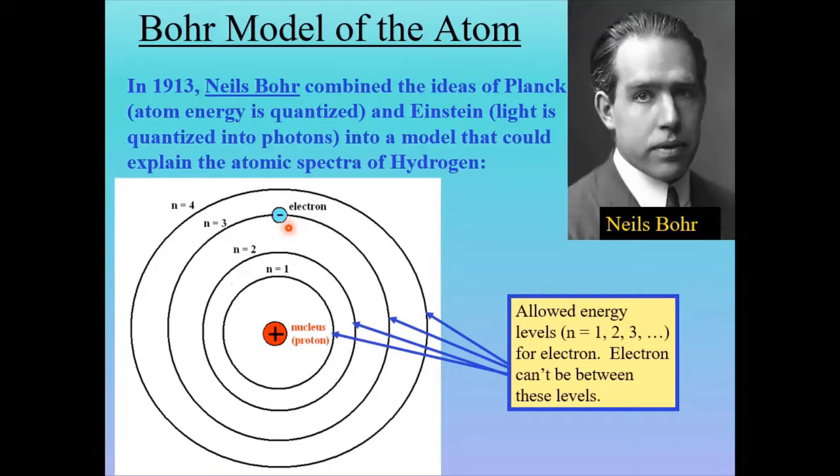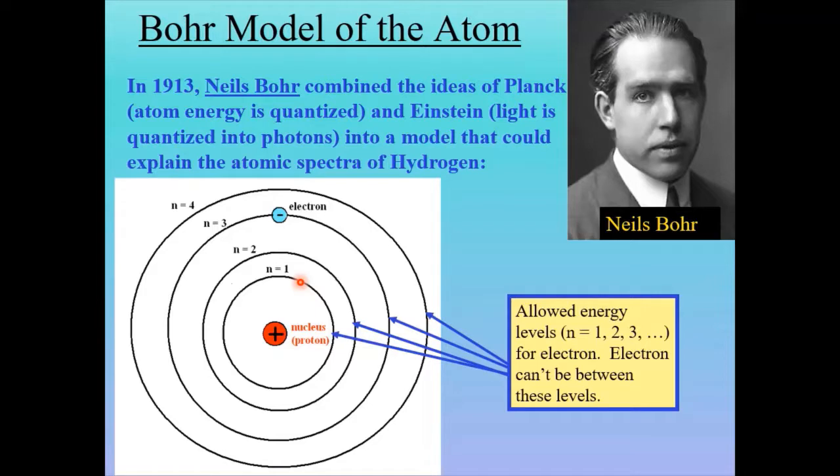Now, here's the beauty of Bohr's model. Bohr said that the energy of this electron has to be in one of these steps. And these steps are usually drawn as orbits around the nucleus in the center. So here is the first orbit. This is the lowest energy level, n equal 1. If the electron is down here, this is the bottom step for the energy of the hydrogen atom.